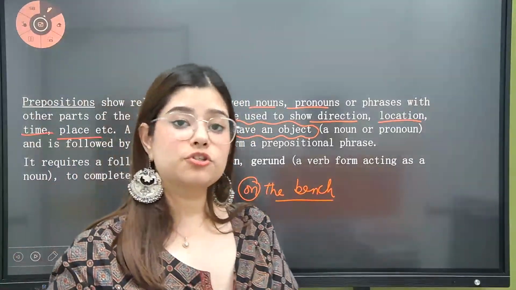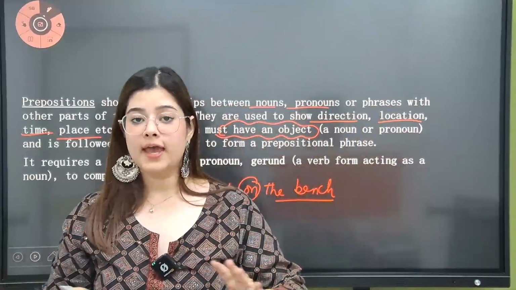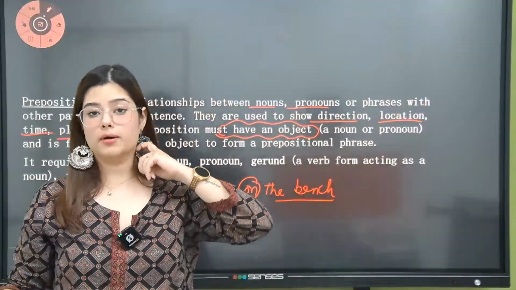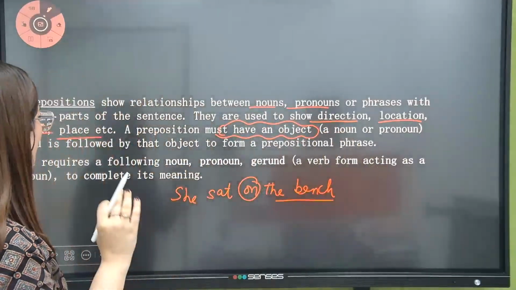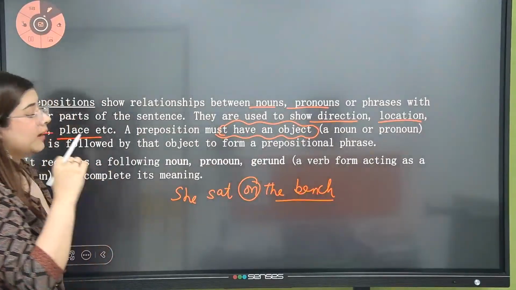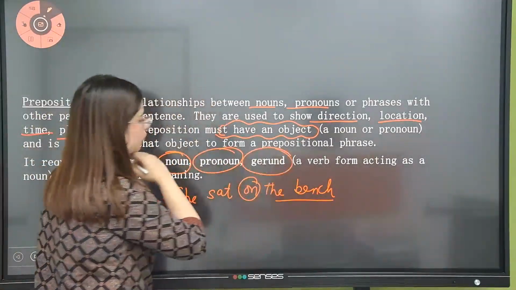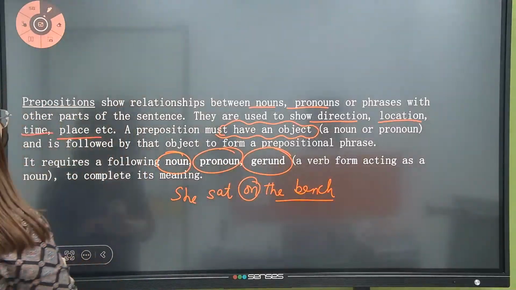So a preposition should always be followed by an object. If it is not followed by an object, then probably it is not a preposition, right? That object could be a noun, it could be a pronoun, or it could be a gerund. Okay, but it should have an object.